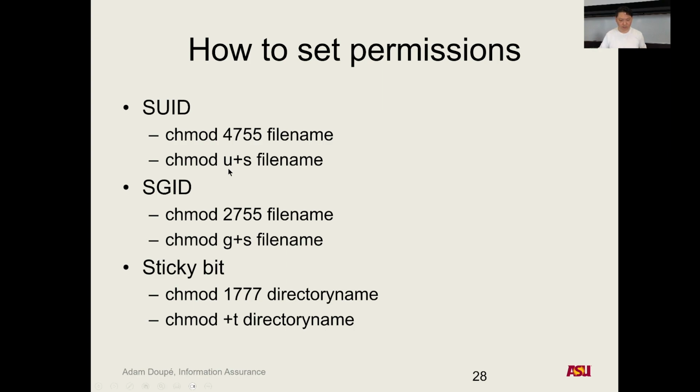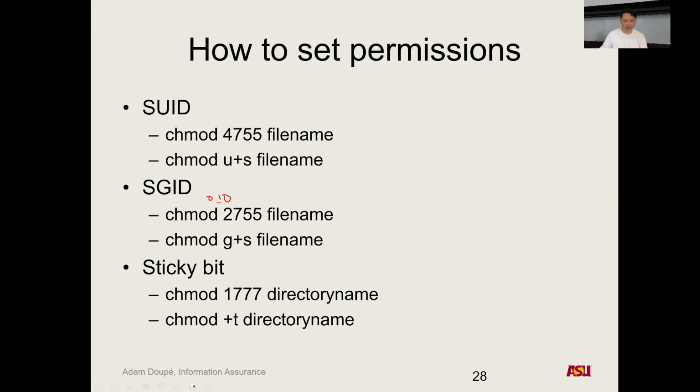How about the symbolic mode, using letters? U means the user place, add the S, the setUID, then the file name, this way. And for setGID, 2 means 0, 1, 0, right? 0, 0, 1, 0.